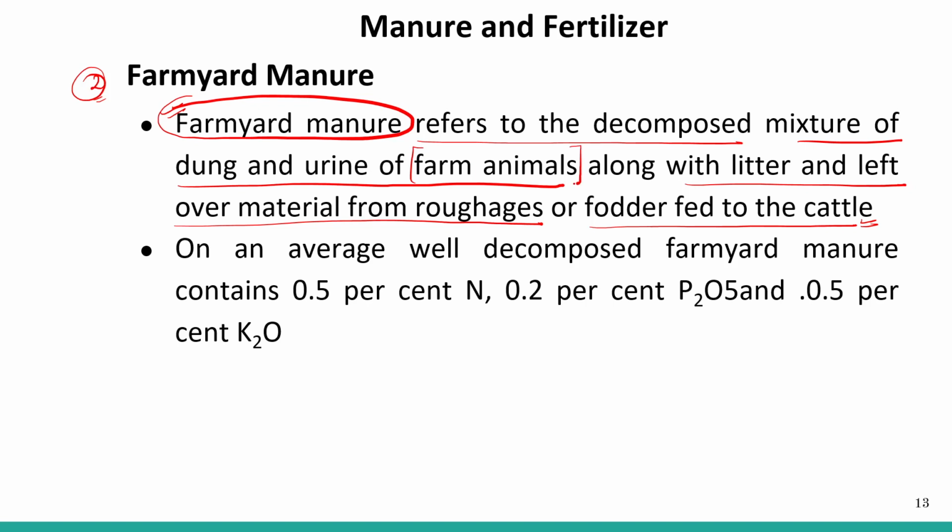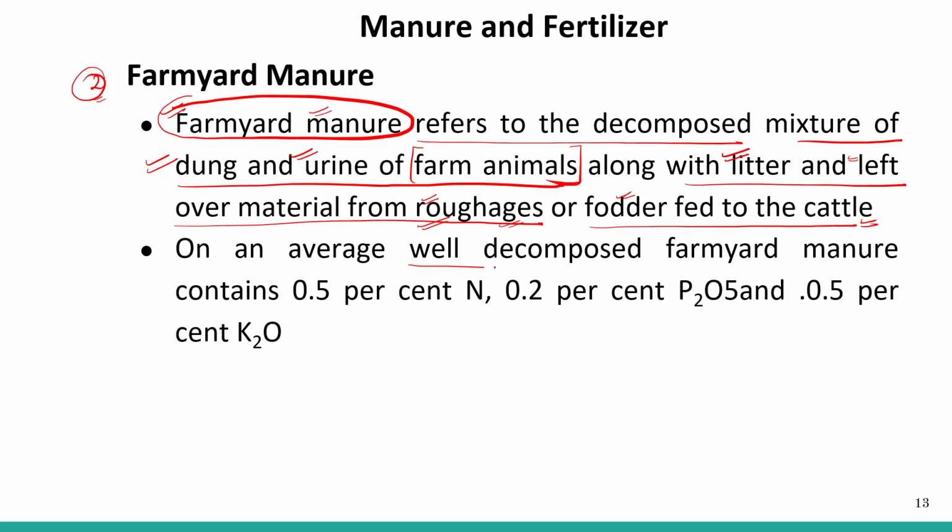These farm animals produce waste in the form of dung and urine, so that can be used to make the farmyard manure. Not only that, there are litter and the leftover material from the roughage or the fodder fed to the cattle. We feed our cattle with a lot of food, so there is a lot of waste. And also the roughage, the fibers, the leftover of the crops that contain a lot of roughage, can also be used to make this farmyard manure.